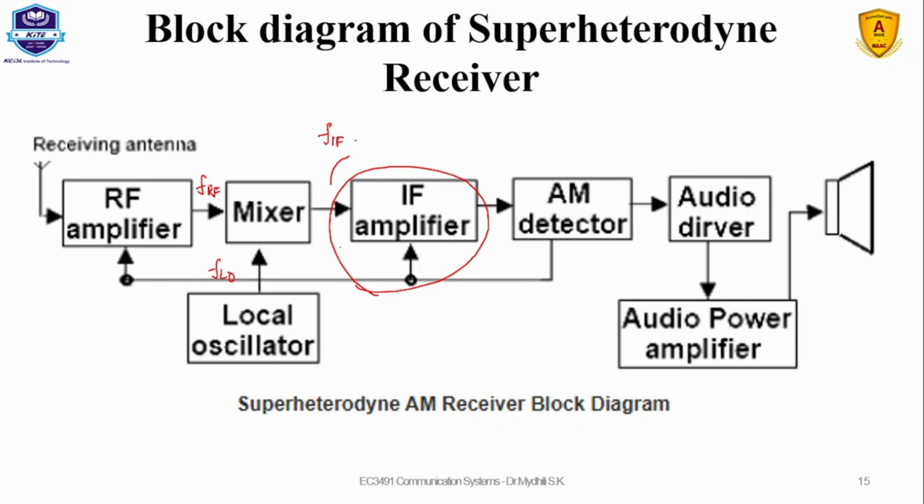So these two cases, with respect to the inputs in the mixer, are F local oscillator plus F input. F input is nothing but the RF frequency. So this produces two IF signals at the mixer output, which is F input plus or minus F local oscillator frequency.